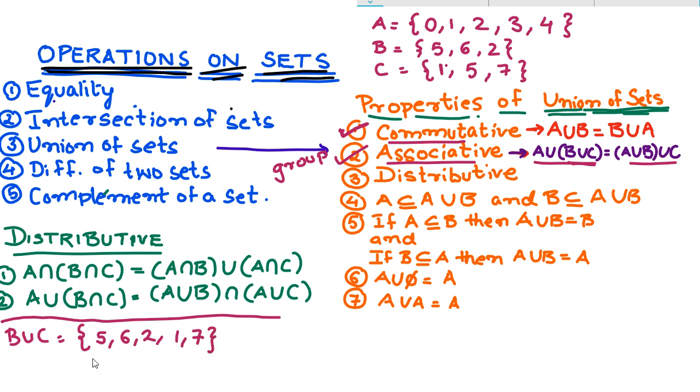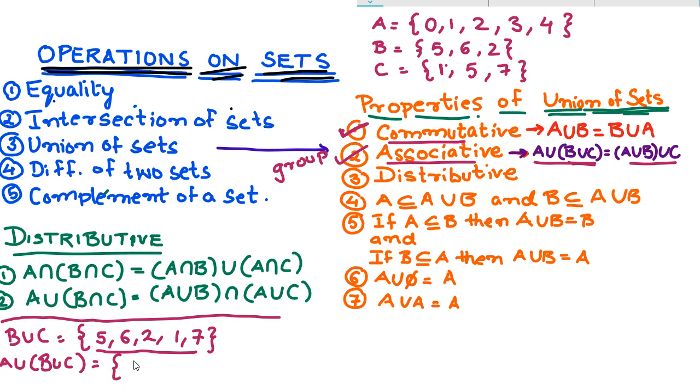And now we have to take the union of this set with A, so we will form A union B union C. Now let's find out what A union of this set gives us. Curly brackets open.